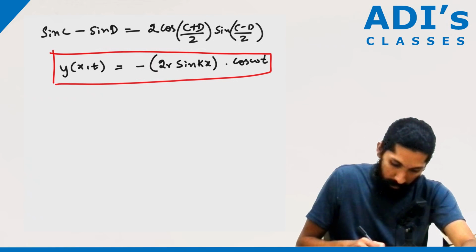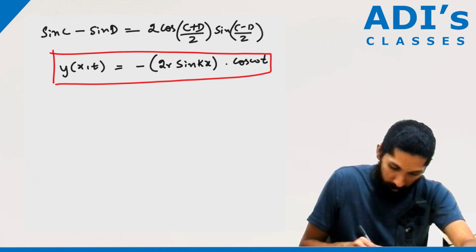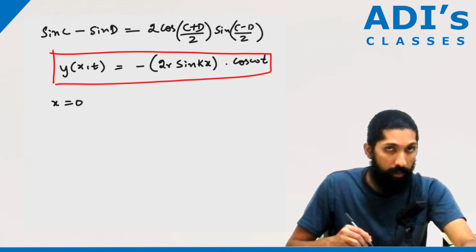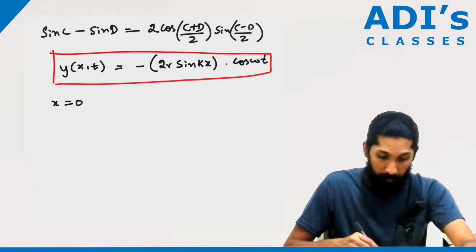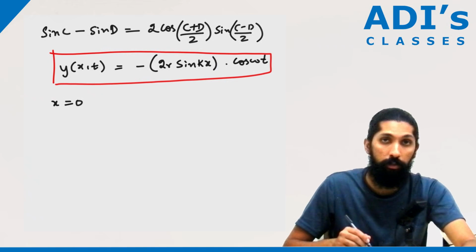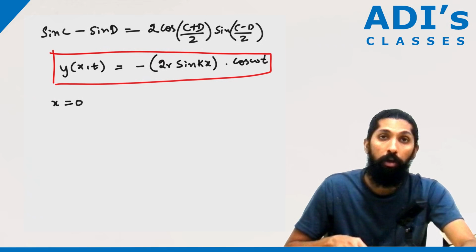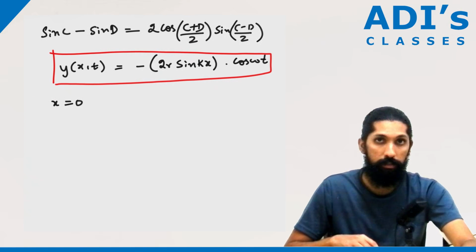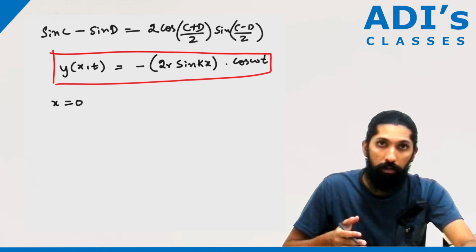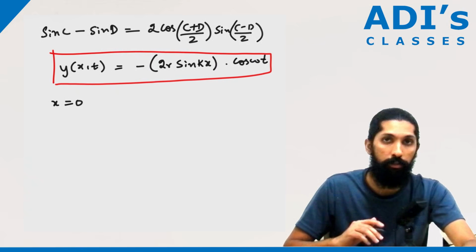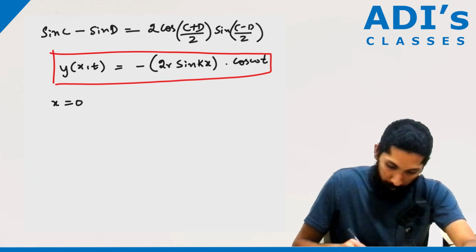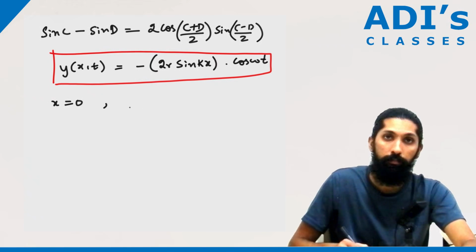In the first case, when x is equal to 0, what do you have? If x is 0, then the y value is going to become 0. Look at the amplitude, 2r sin kx. When x is 0, sin 0 is 0. So the total displacement will be 0. That means when x is equal to 0, we have y is equal to 0.